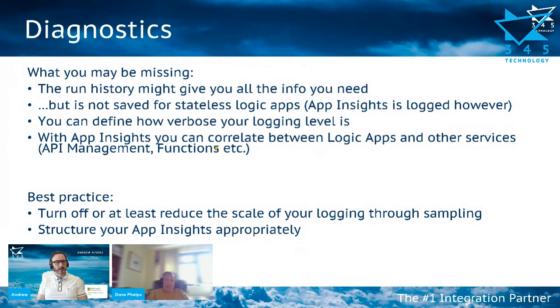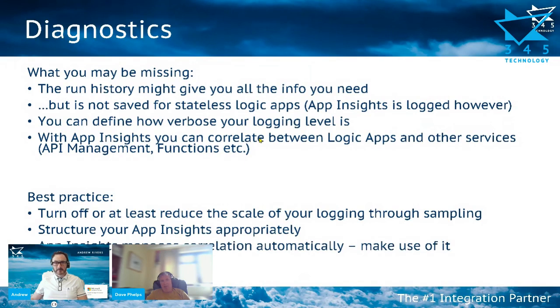Yeah, I think the point about the correlation is really important, because as you said at the start, Logic Apps don't exist in isolation. So if we have API Management, some function apps, maybe they're chained together over queues, for example using Service Bus, then it becomes really important to be able to understand what that end-to-end view looks like.